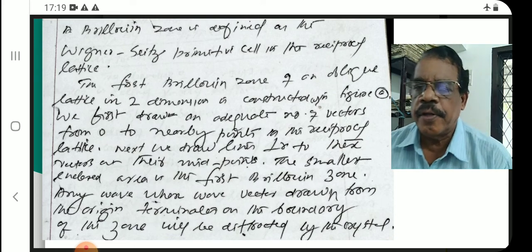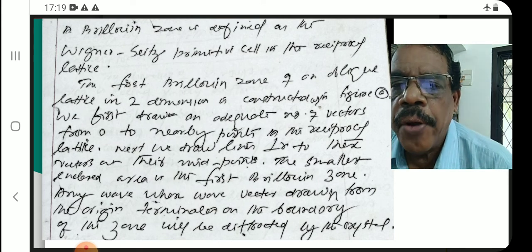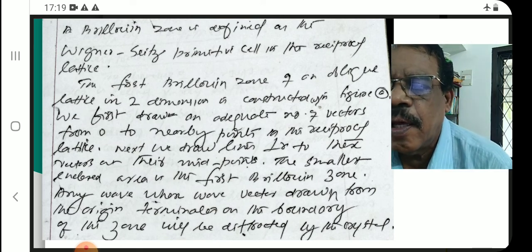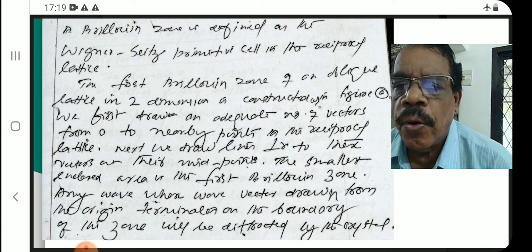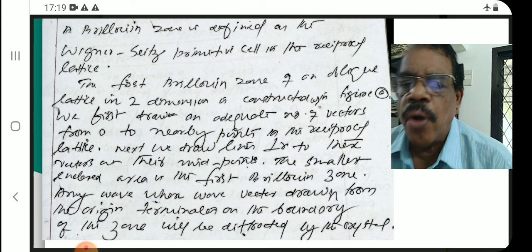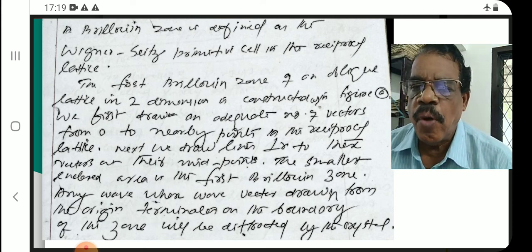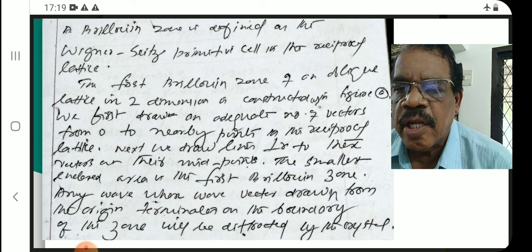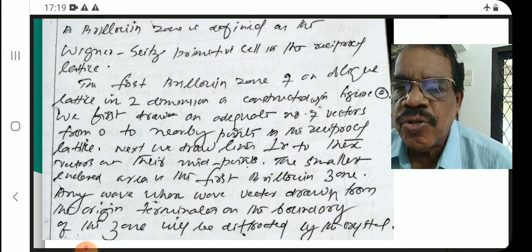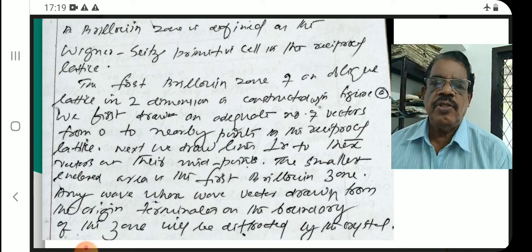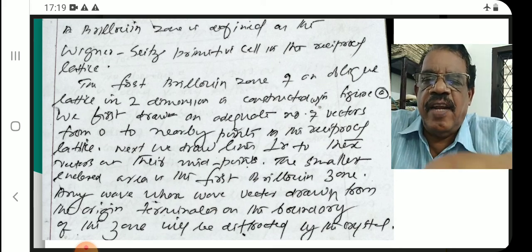That's an important point. Such a wave vector is diffracted by the crystal.